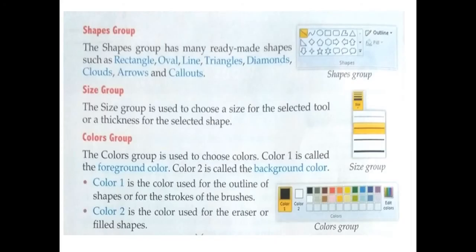Let's move to the next topic, shapes group. The shapes group has many ready-made shapes such as rectangle, oval, line, triangles, diamonds, clouds, arrows, callouts.